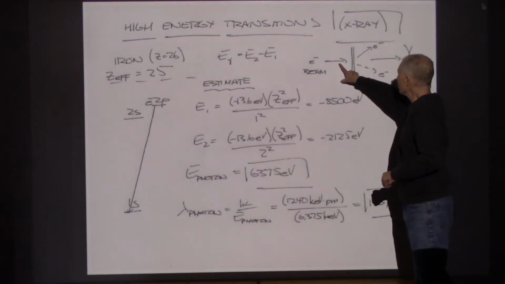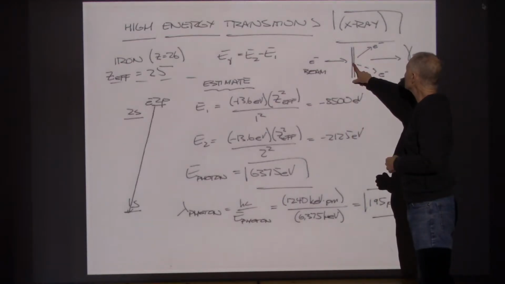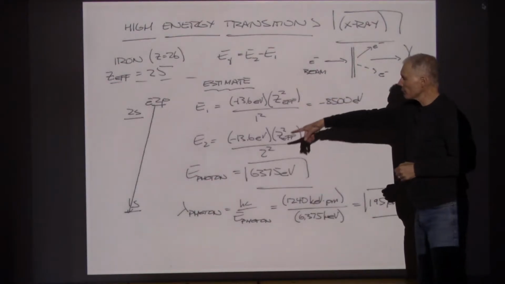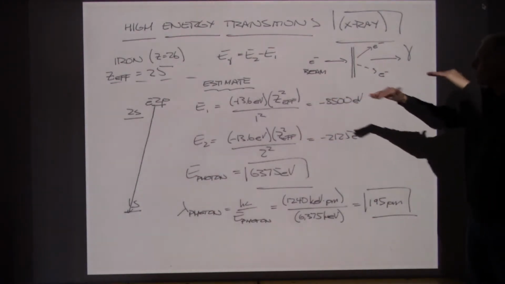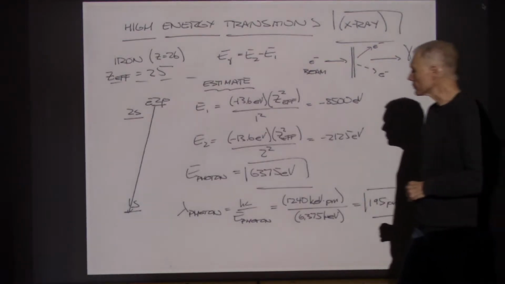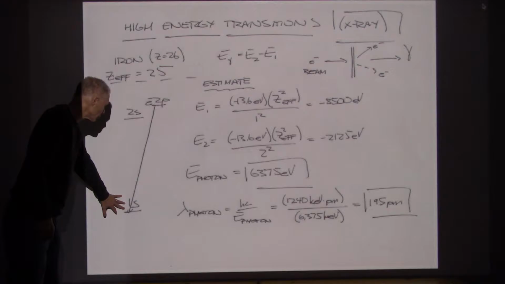So what we do is we generate a high energy beam of electrons, run them into a sheet of iron, and those high energy electrons can be high enough that they can create vacancies deep down in these lower quantum states. So some of those high energy electrons are going to remove 1s electrons.